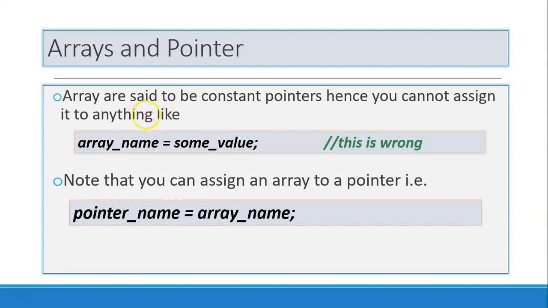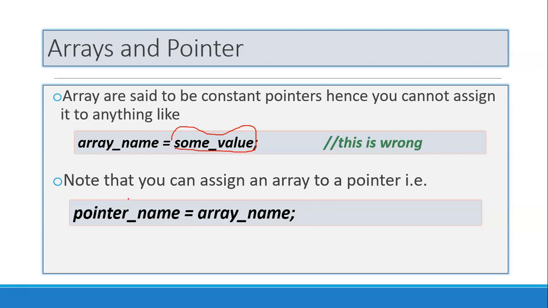So arrays are said to be constant pointers, hence you cannot assign to them like this. If this is an array name, you cannot give it any other address, you cannot give it an address of something, maybe ampersand something. No, you cannot.